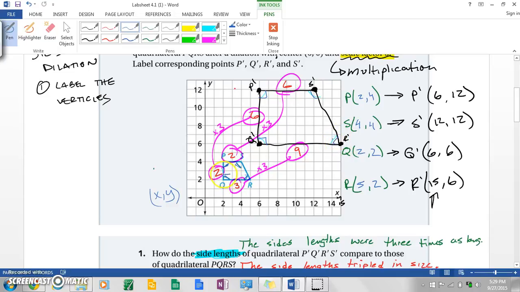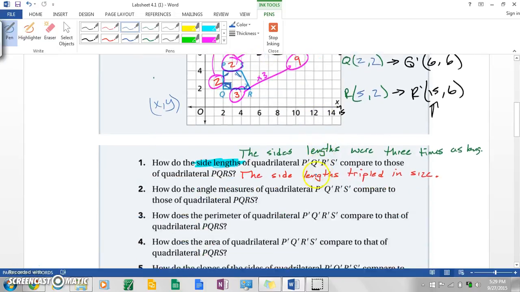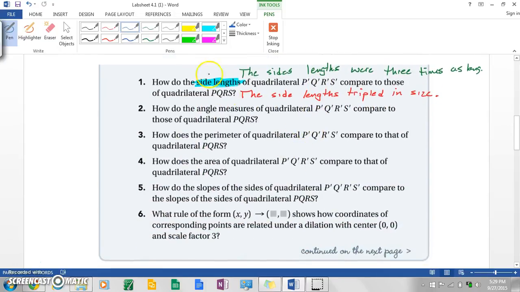If you look at angle Q, that's a 90-degree angle. Q prime is also a 90-degree angle. So how do the angle measures compare? The angle measures stay the same.